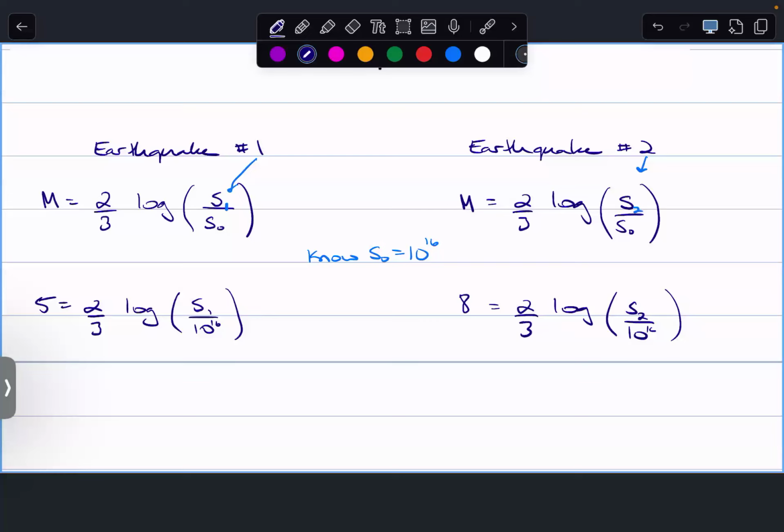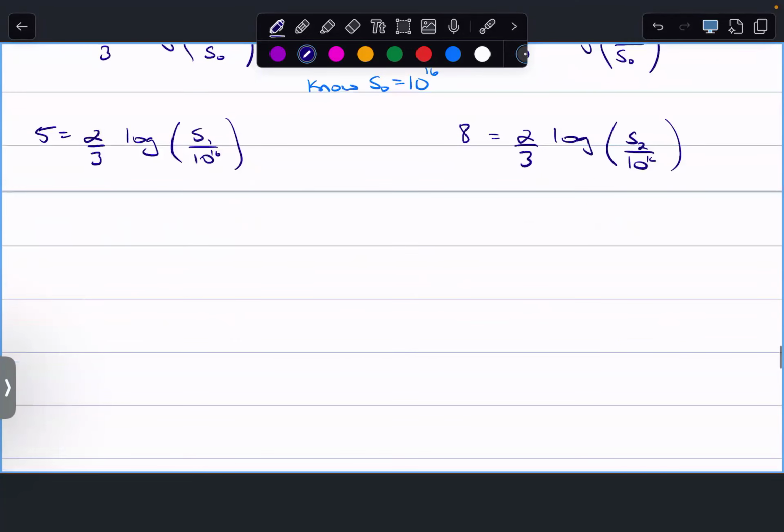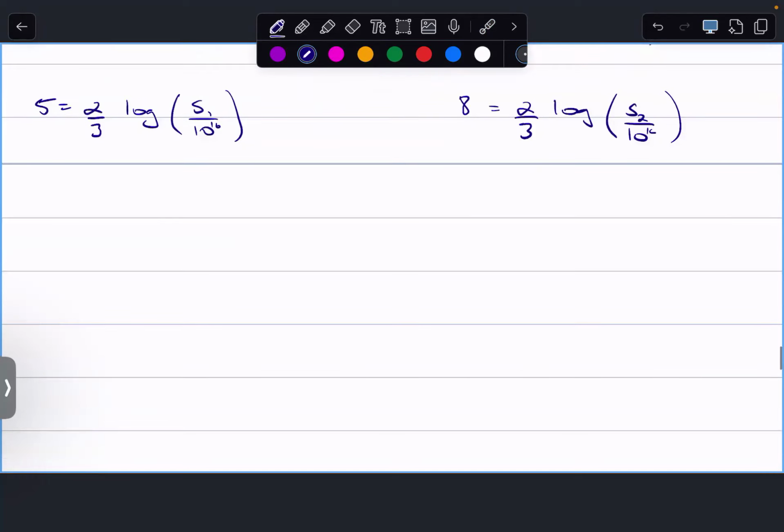Okay. And so let's see here. First thing I need to do is isolate the log in both instances. So I need to multiply by 3 and divide by 2. And so I get 5 times 3 divided by 2 is 7.5 is the log of S1 over, I'm tempted to write just S naught, but let's do 10 to the 16.